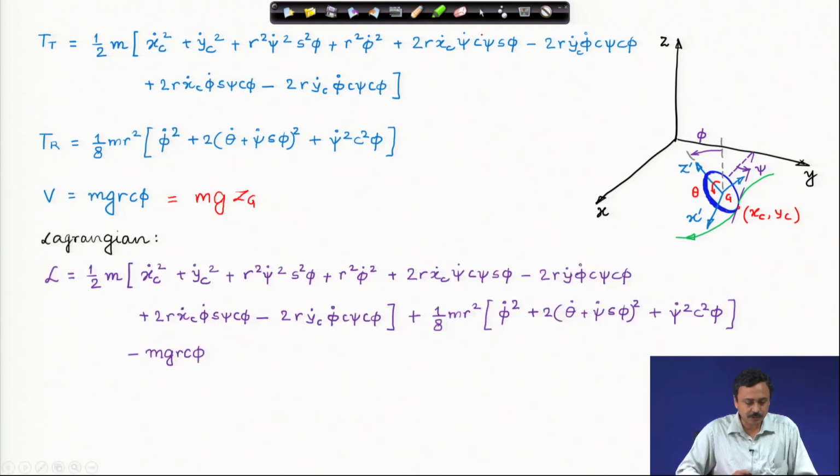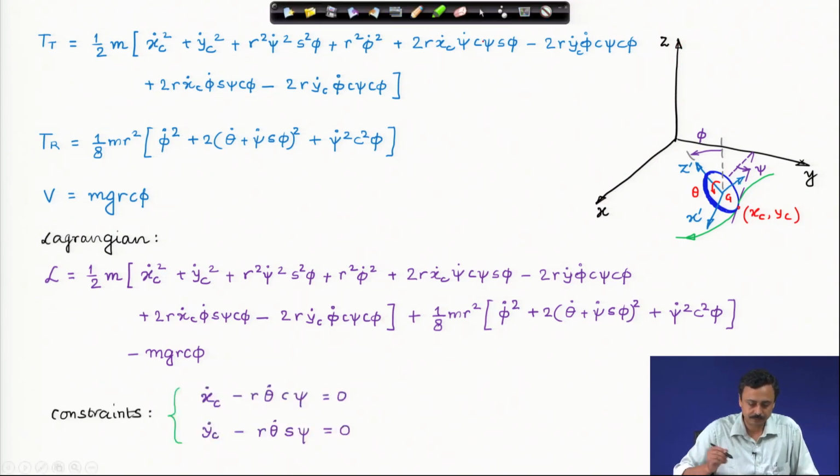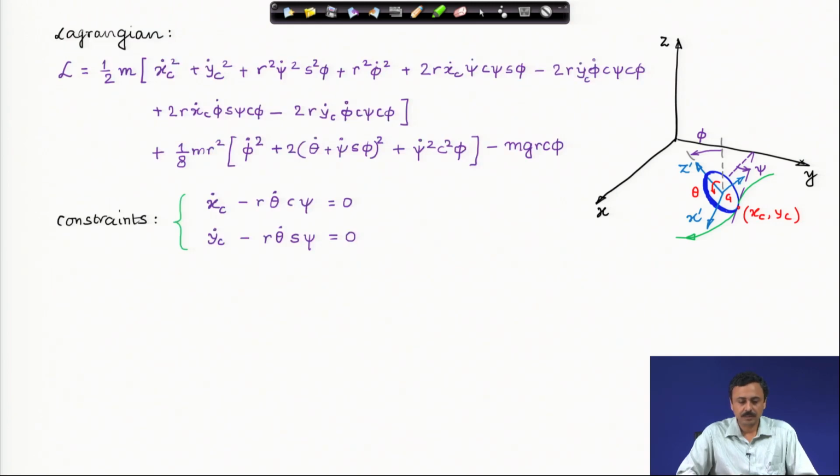Okay, we proceed further. The Lagrangian is ready: the kinetic energy minus the potential energy. In addition, we have the non-holonomic constraints. This is our complete expression of the Lagrangian and the constraints.